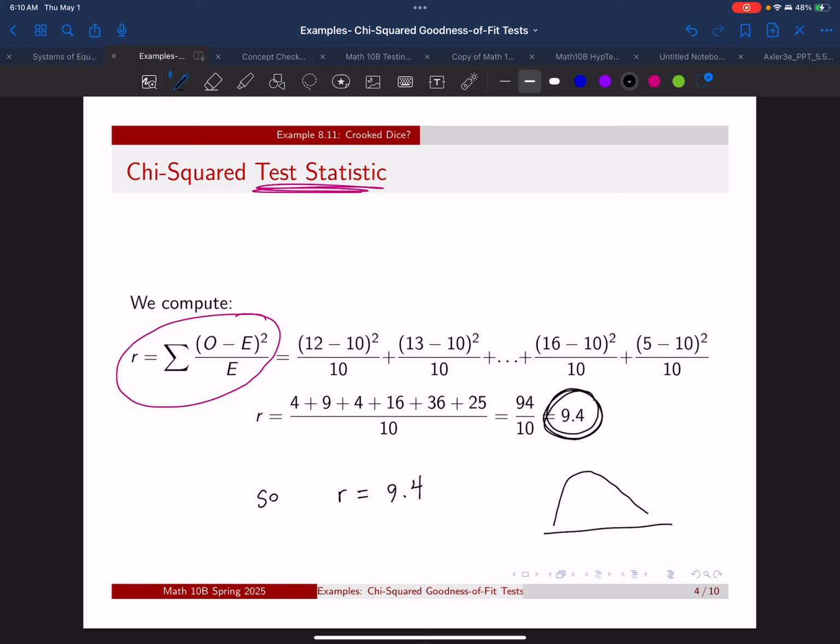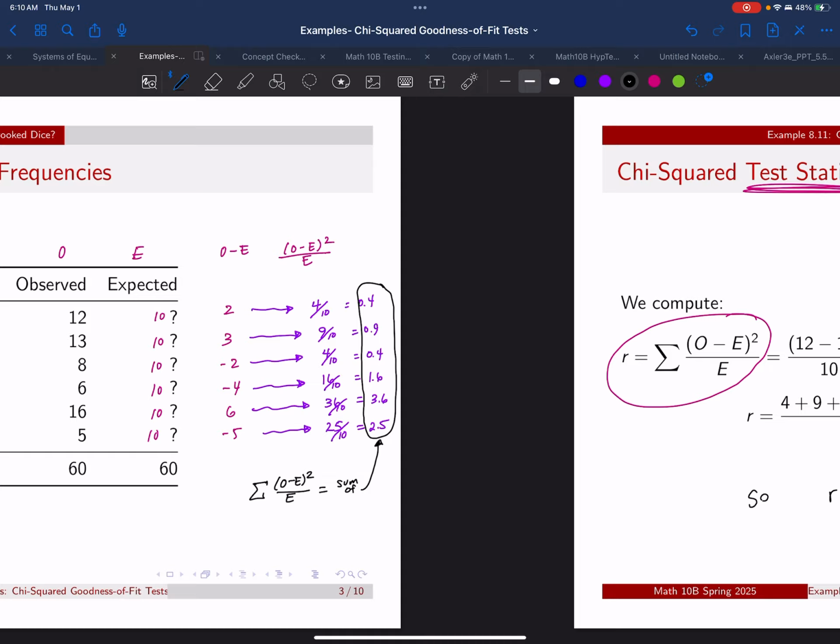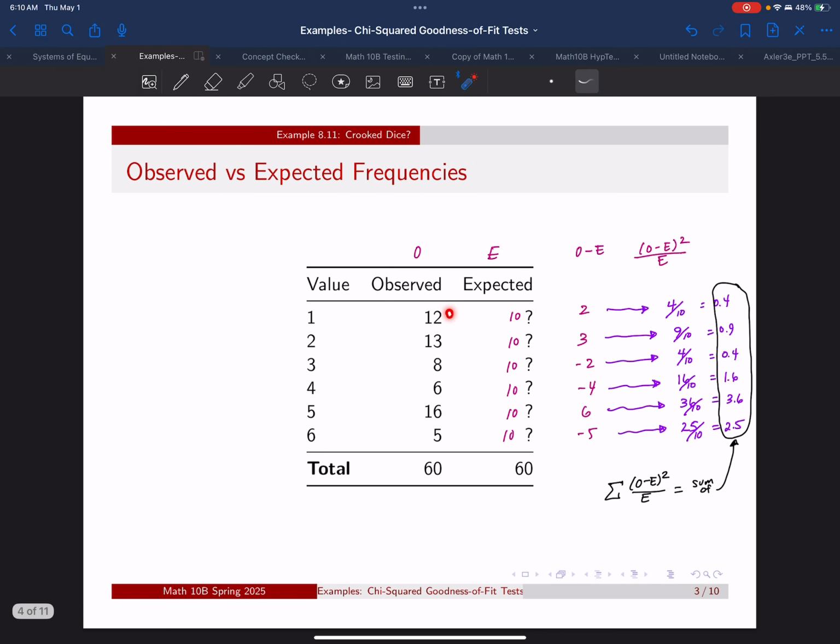We know typically a chi-square distribution looks like this. We know a chi-square distribution isn't going to have any negative values, right? But we also know that the chi-square distribution changes based on the degrees of freedom. So for us, the degrees of freedom will be 1, 2, 3, 4, 5, 6.